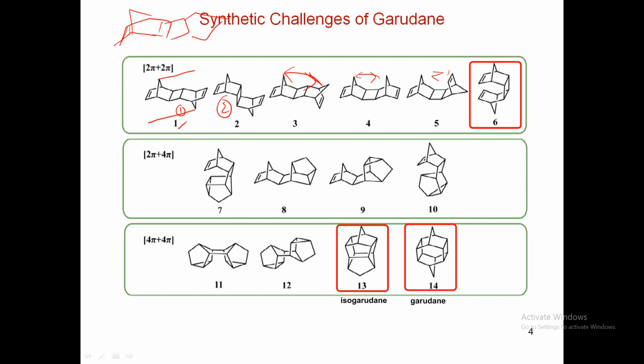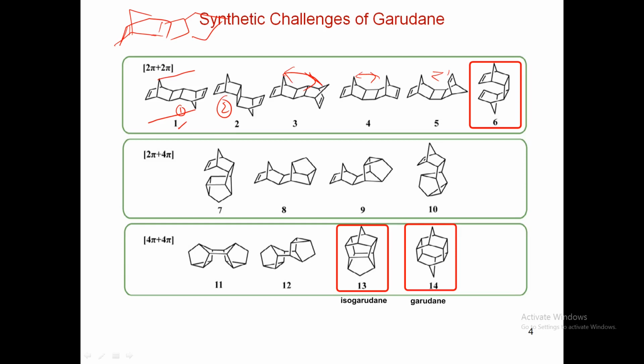2 pi and 4 pi cycloaddition would generate this kind of 7, 8, 9, 10, which are definitely not related to gadolinium. So just discarding those, and 4 pi we can think of.